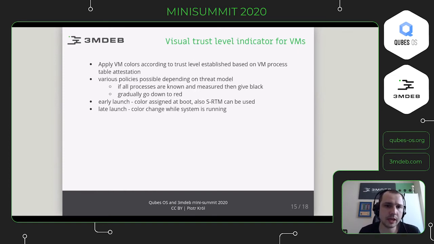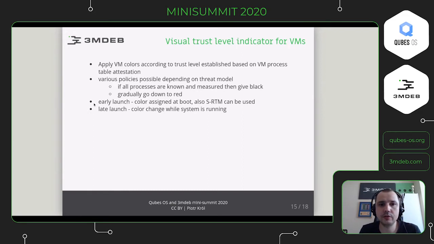So we may have policies that say we can run a given action only if a given VM is not red, for example, or only if it is black, and so on. How do we change those colors? Of course, we change them by running D-RTM and inspecting the VM process table and all other needed components to make sure that we trust this VM at this level.